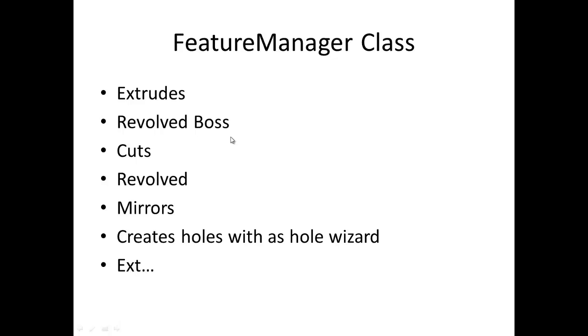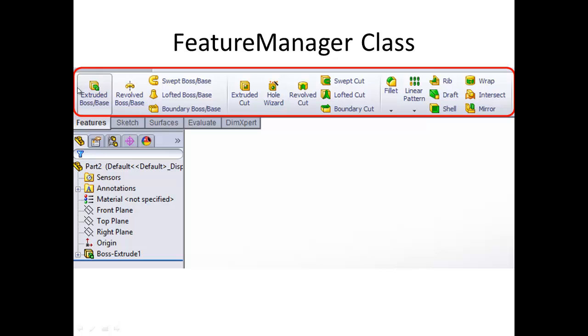And that FeatureManager is going to give us methods that will allow us to make extrusions, cuts, mirrors, and basically this FeatureManager class that we're going to create an instance of is basically our feature toolbar that you normally work with when you're in SolidWorks. So we're going to create an instance of FeatureManager, which is basically this bar that you see circled in red.